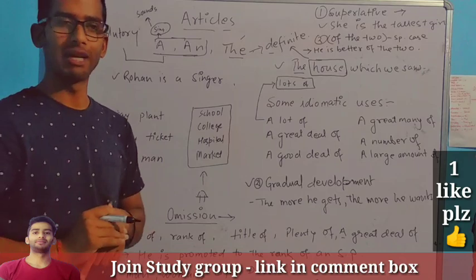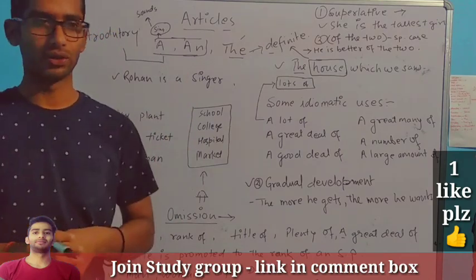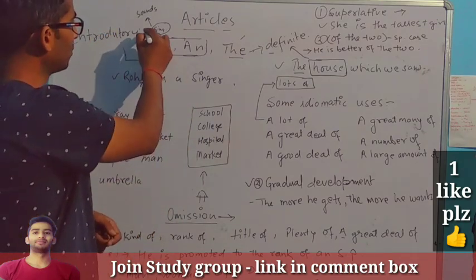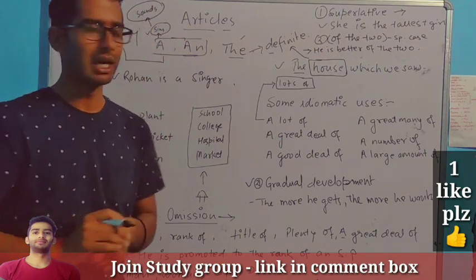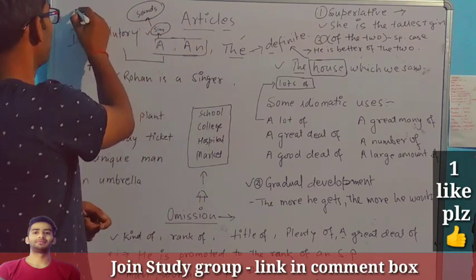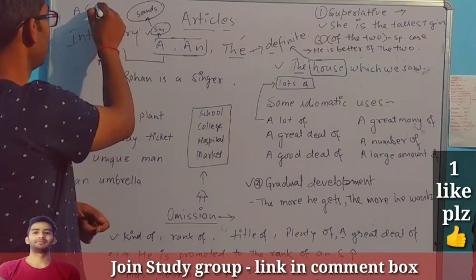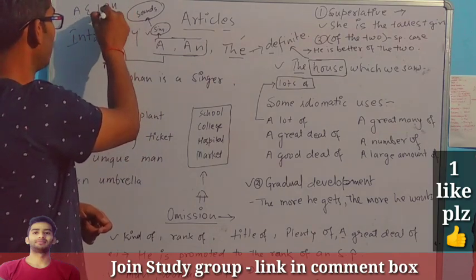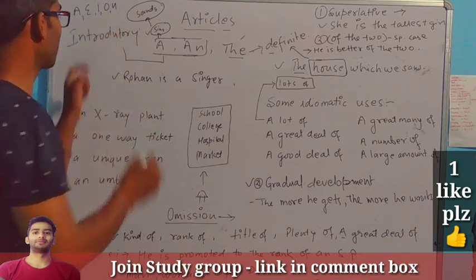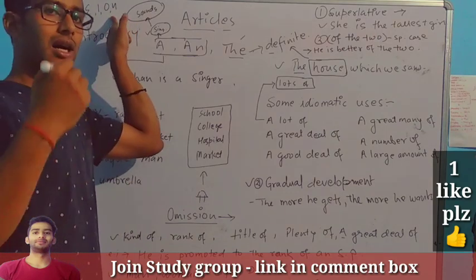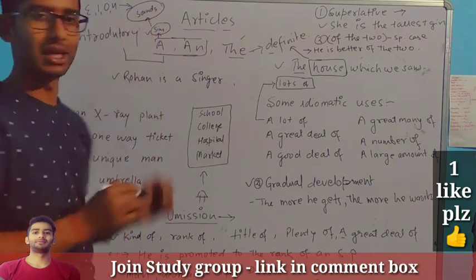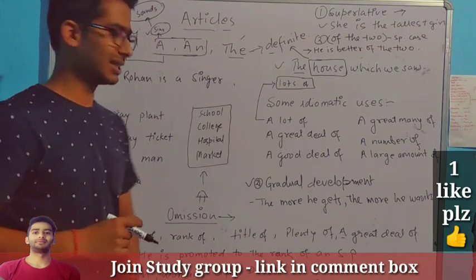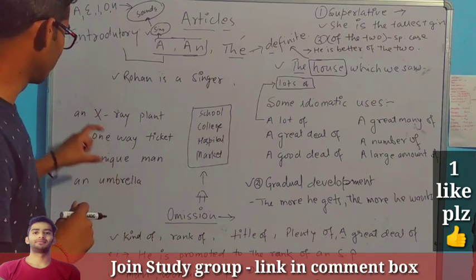You should take a pen and notebook and make your notes like this. It is used with singular, and as many of you have heard, these are used with A, E, I, O, U. But these are not used with the actual letter, but we use the sounds of the letter. So let's see an example here.